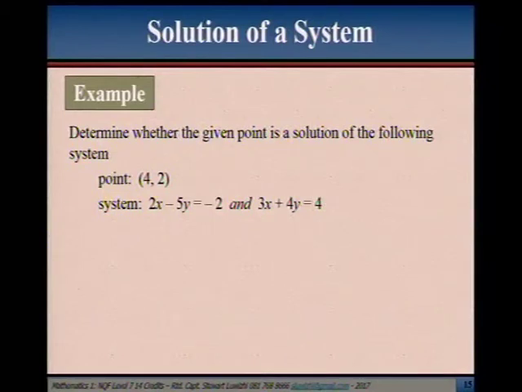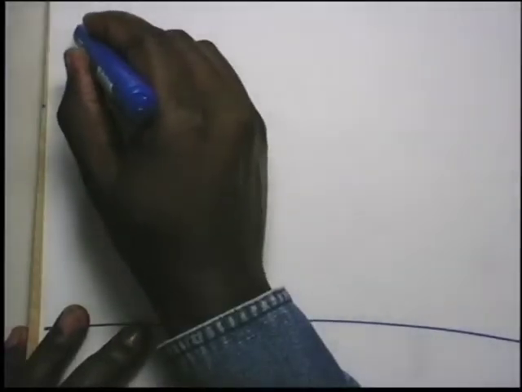What we're simply saying here is, let me do a bit of calculation to check whether that point is true. So we have got the two equations, right?